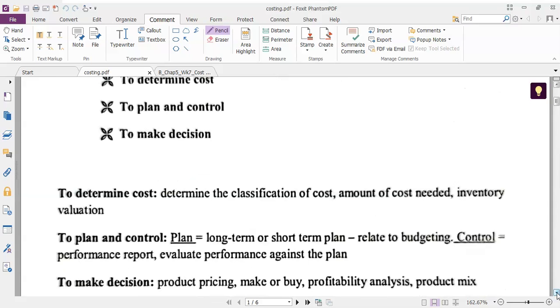So to determine cost, determine the classification of cost. Before we calculate the cost, we must determine what the cost is classified as. So we must first know, when we want to calculate cost, we must determine the classification of cost, the amount of cost needed, and inventory valuation.